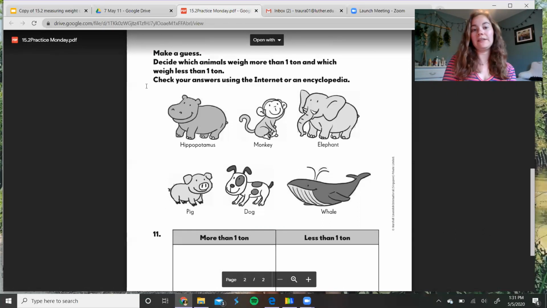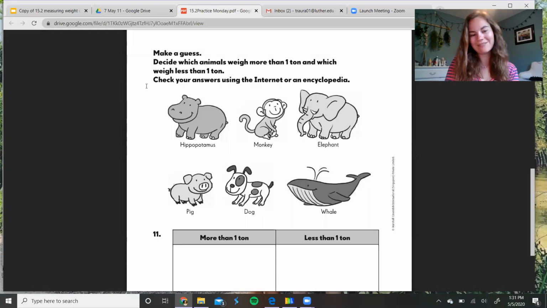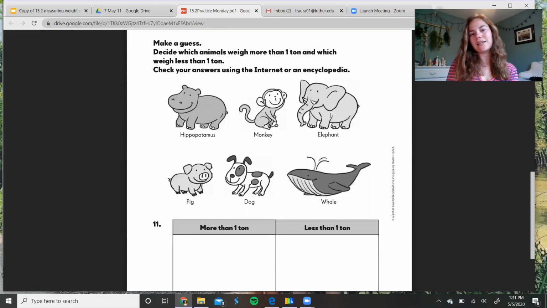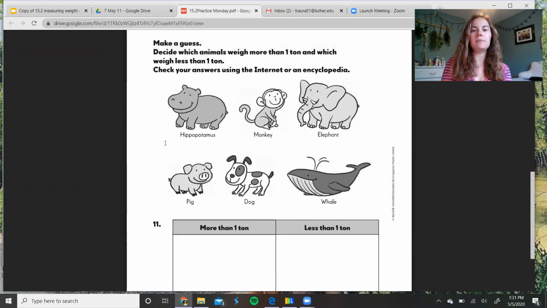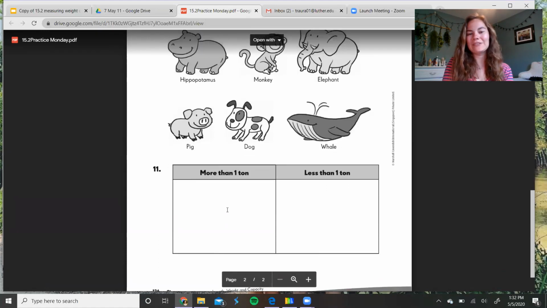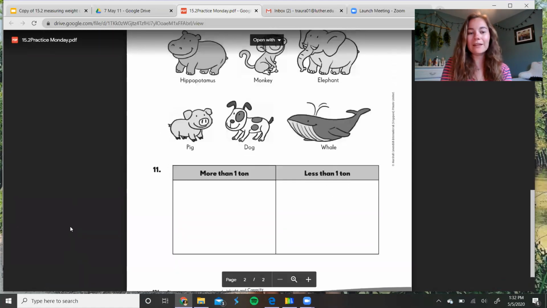Check your answers using the internet and an encyclopedia. So you're going to look at all these animals and think about, is this animal really heavy? Would it need to be weighed in tons? Or is it light enough that it could be weighed in pounds? And I might have given you the answer to 1 down here. So you can write those down here and then check your answers.